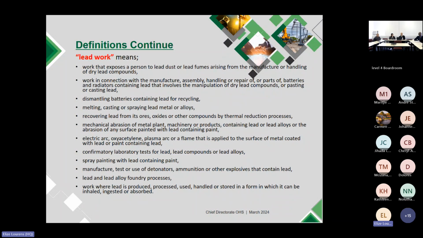Work in connection with the manufacture, assembly, handling, or repair of or part of batteries and radiators containing lead that involves the manipulation of dry lead compounds or passing or casting of lead.